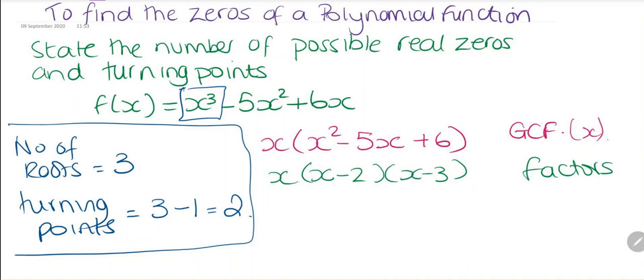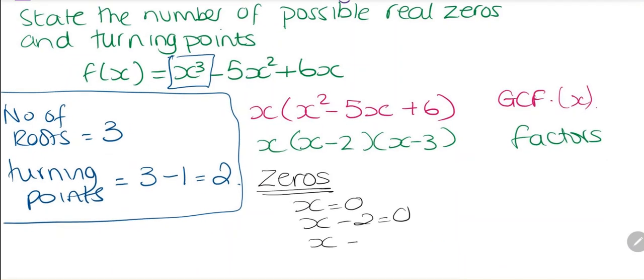So to find the zeros, we need to make everything equal to 0. So x equals 0, x minus 2 is 0, and x minus 3 is 0.